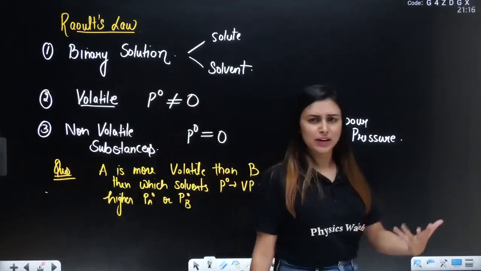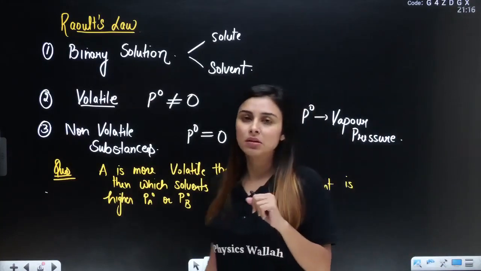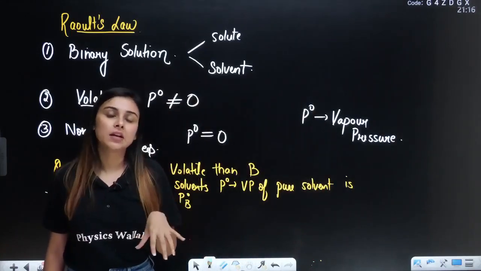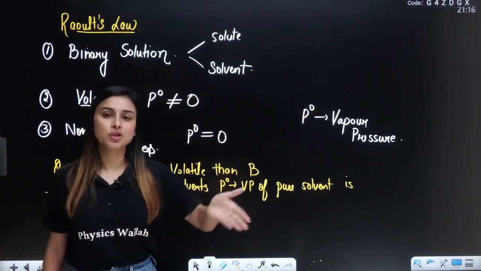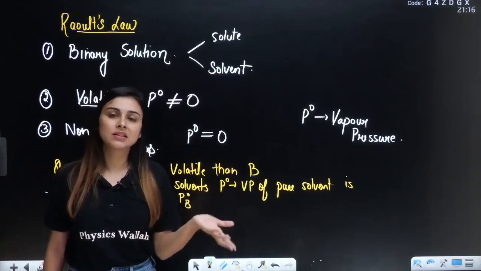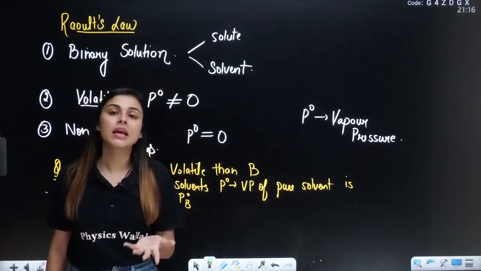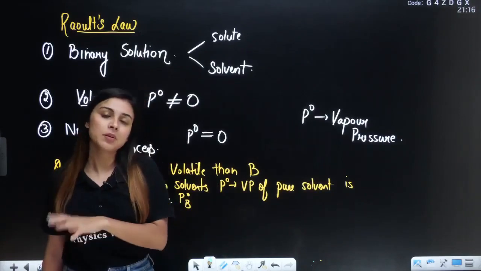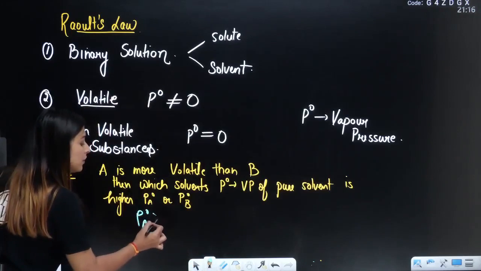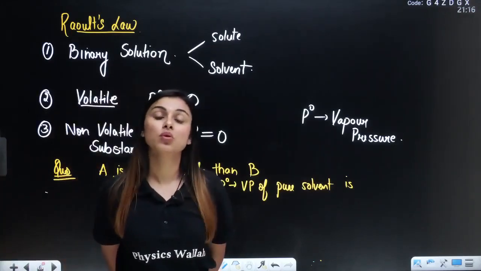Now, how will you answer this question? First, pause the video, try to give the answer yourself, and then you will have to understand what I am explaining. Imagine I know that A is more volatile than B. Then at a particular temperature T, if A is more volatile, this means that A will form more vapors as compared to B. If A forms more vapors, then the vapor pressure of A will be more as compared to B. This means that PA naught will be more than PB naught.